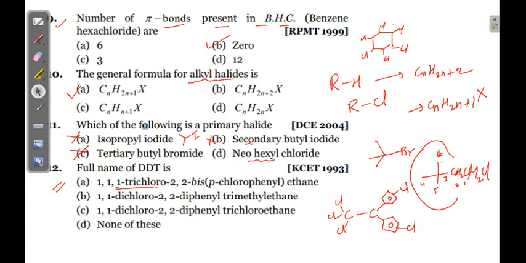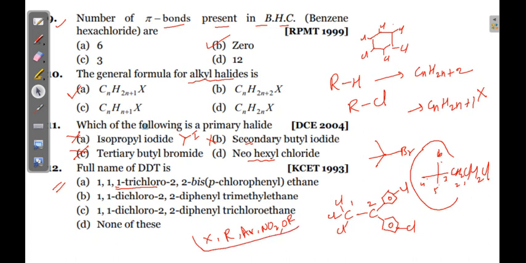Now numbering starts here, 1, 2. Why 1, 2, and why not on the benzene carbon? See, halogens and phenyl, meaning X, R, Ar and NO2, then OR, these are not functional groups.